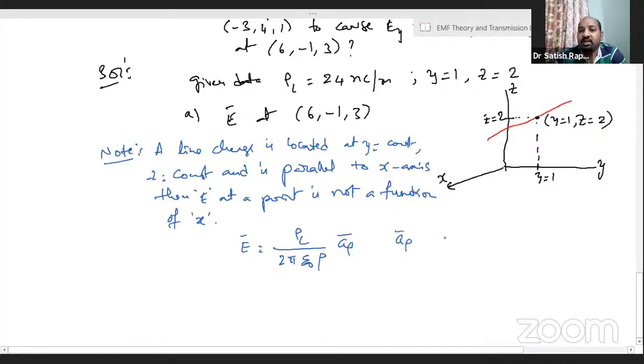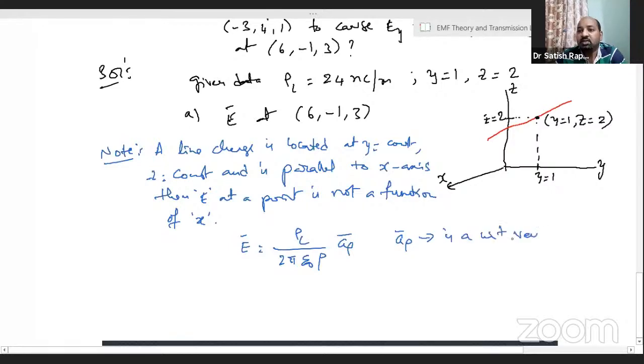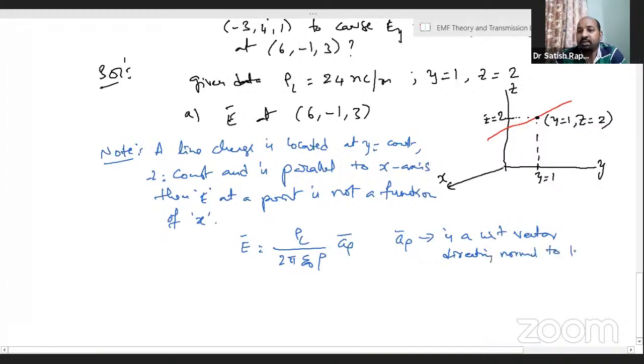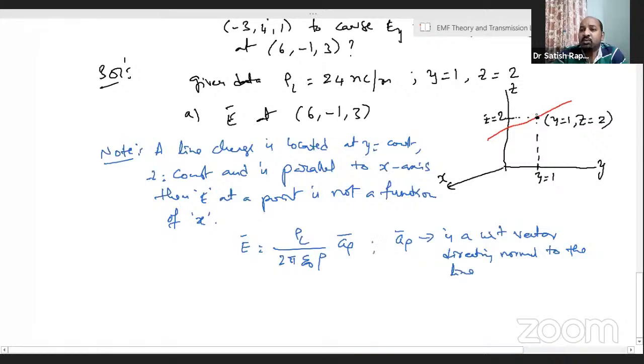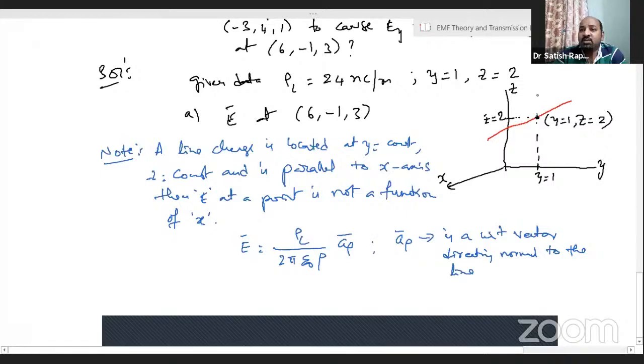Directing normal to the line means the electric field is along the z-axis or y-axis.